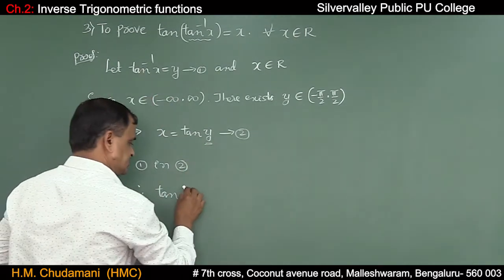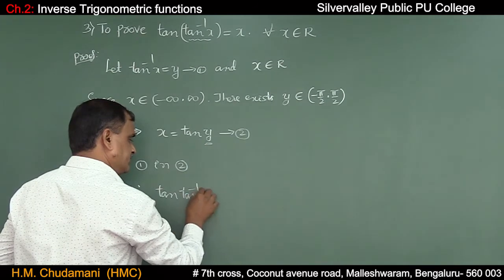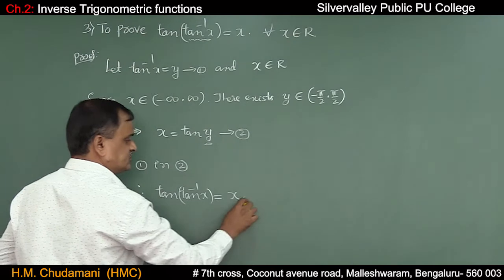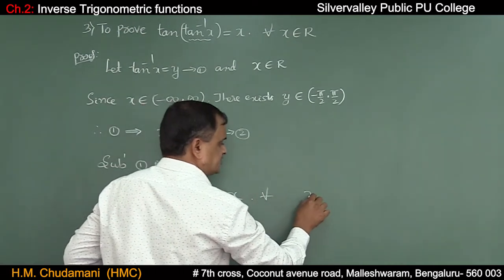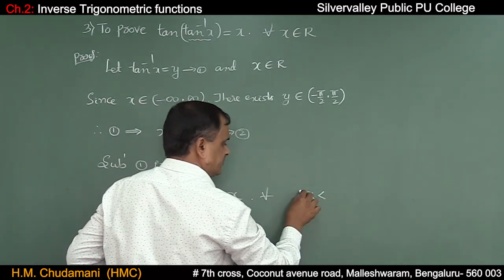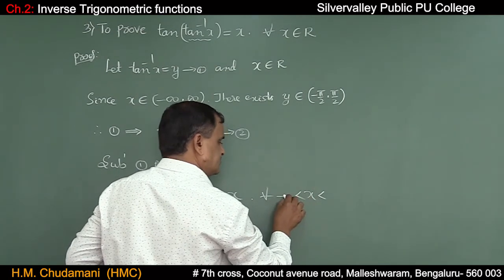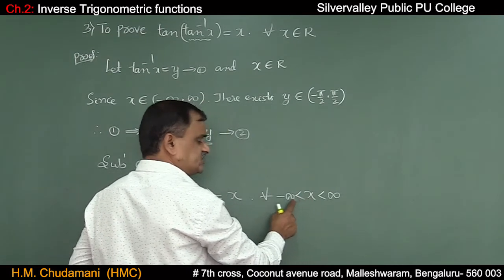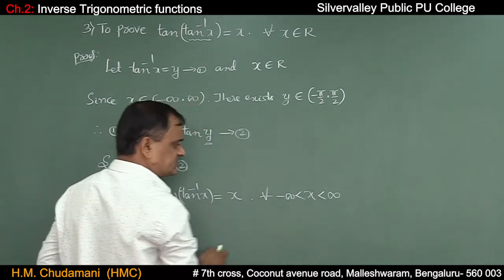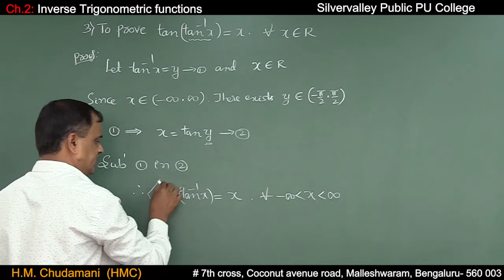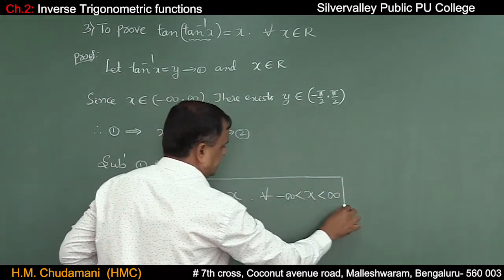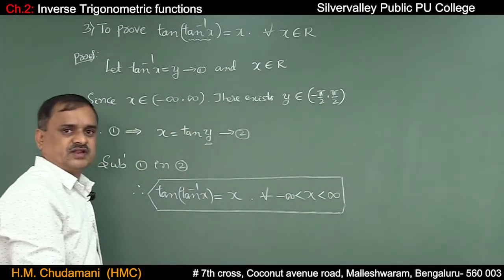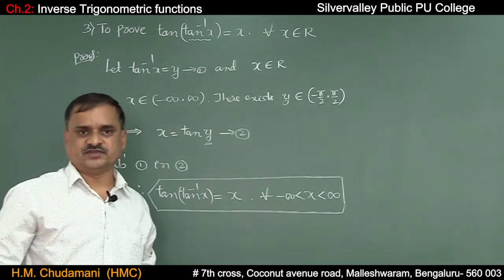Tan inverse x. Tan of tan inverse x is equal to x for all x belongs to the real numbers, or else x lies between minus infinity and plus infinity, x greater than minus infinity and x less than plus infinity. So tan of tan inverse x is equal to x for all x lies between minus infinity and plus infinity. Okay.